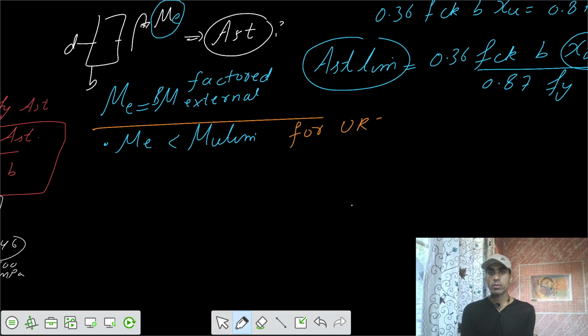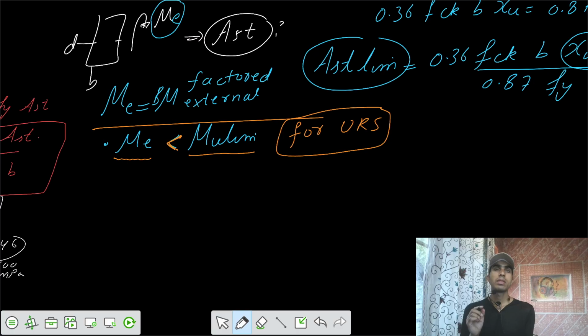For an under reinforced section, we want an under reinforced section, and for that there should be some value of limiting moment, and that limiting moment should be more as compared to the external bending moment.